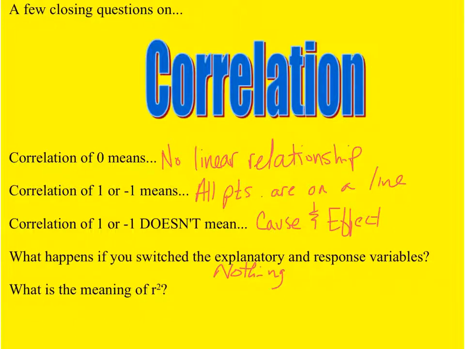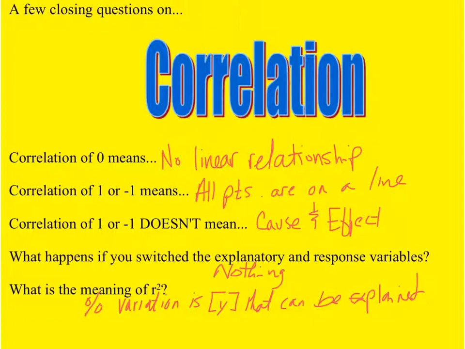Coefficient of determination. And the meaning is, it is the proportion or percent variation in your response variable, I'm going to put y, that can be explained by variation in x, or the x variable.